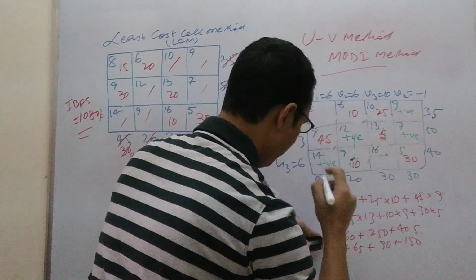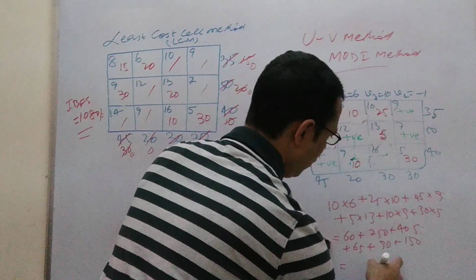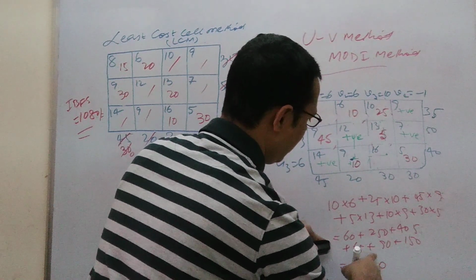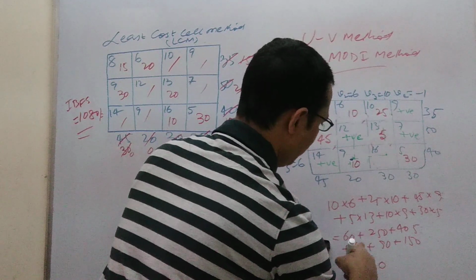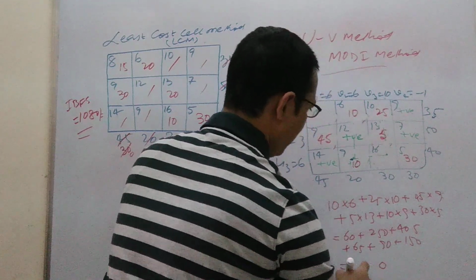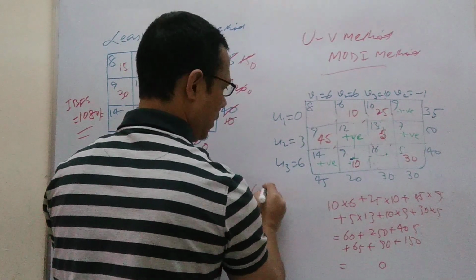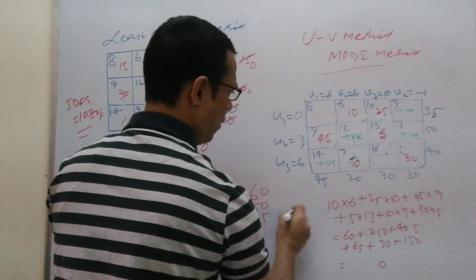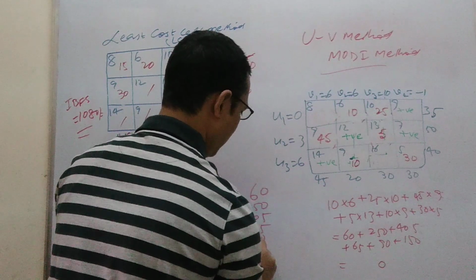If you add this, what will the result be? Just add 60, 250, 405, 65, 90, 150.